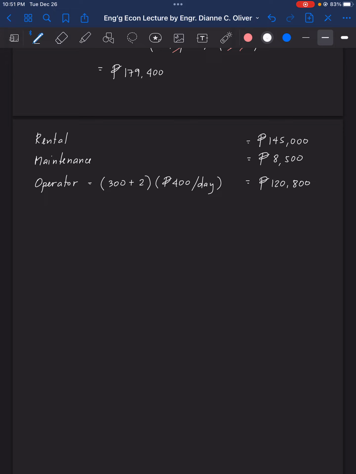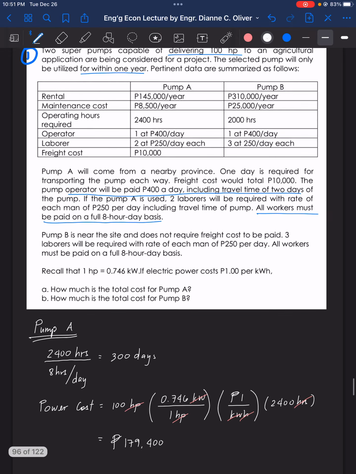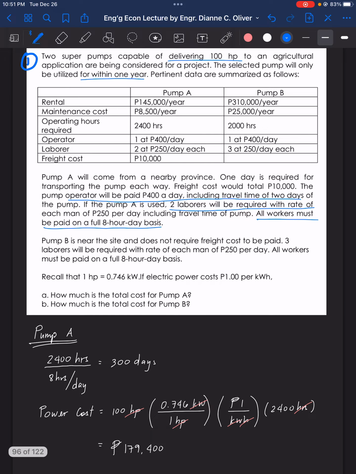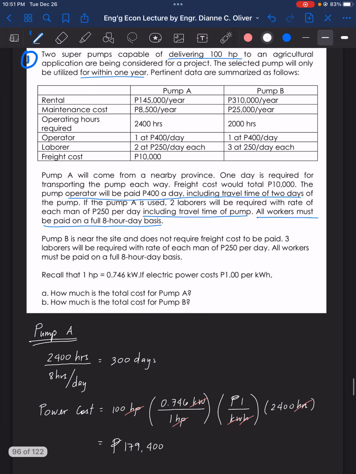For the laborer, we need 2, and they are paid 250 pesos per day each. And from the problem, it says here 2 laborers will be required with rate of 250 pesos per day, including travel time of pump.